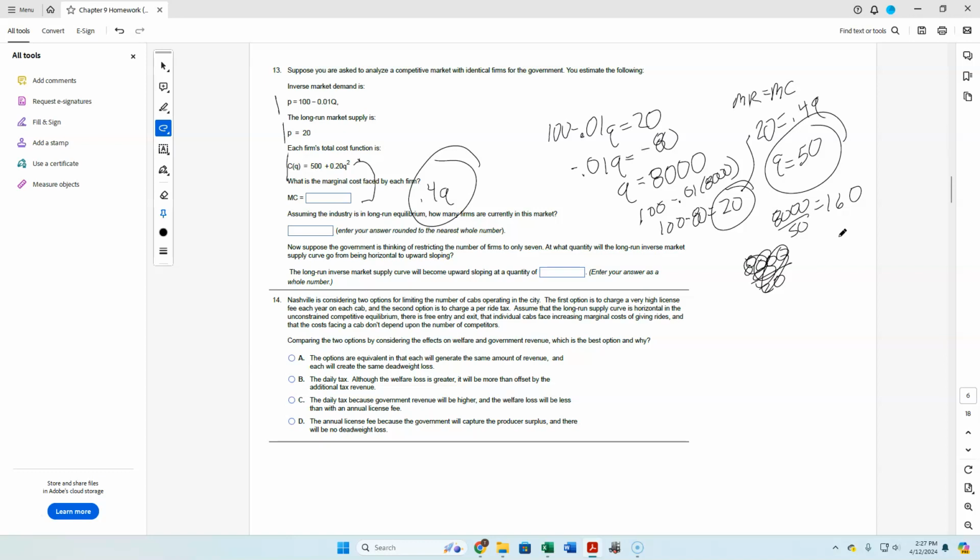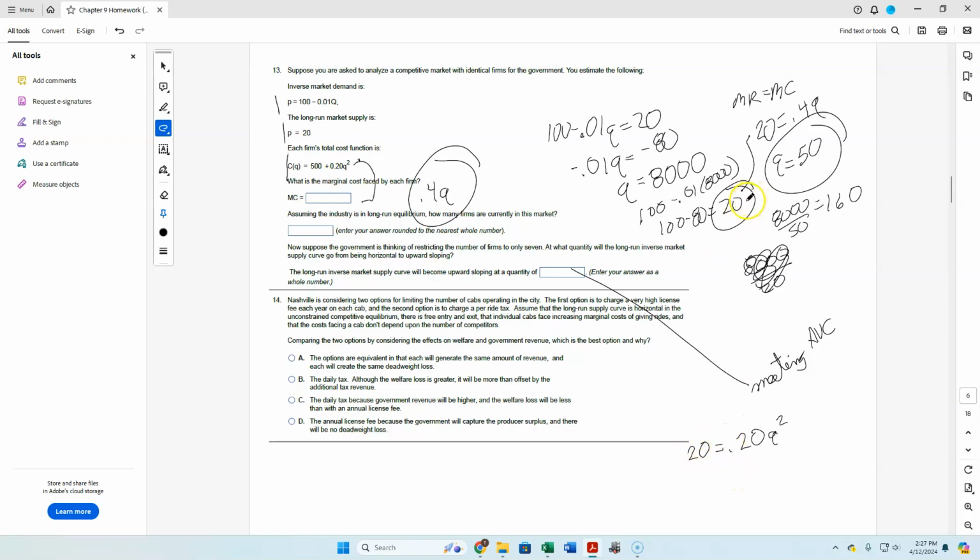And the final part here would be, where does the long run inverse market supply curve become upward sloping? Well, that would be at the point where I am meeting my average variable costs. Where are my variable costs? That would be 0.20 Q squared. Where is that going to equal at least 20?